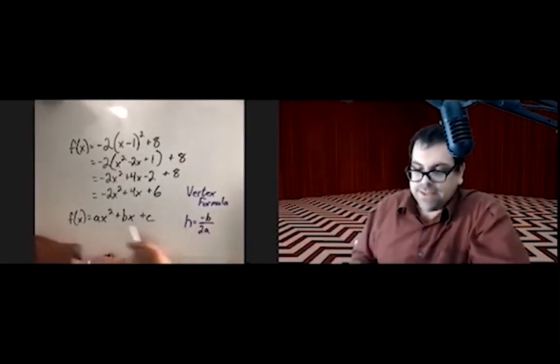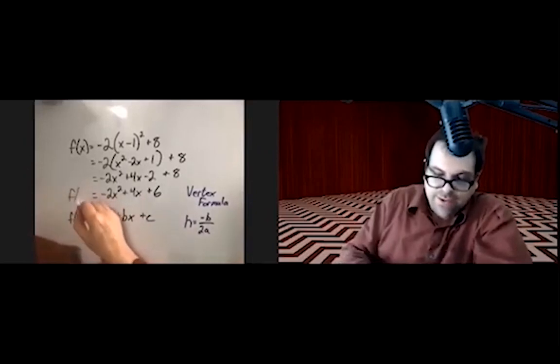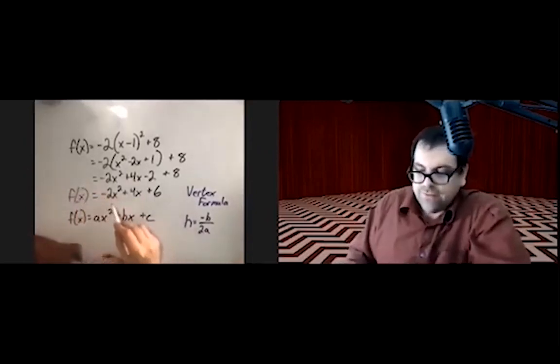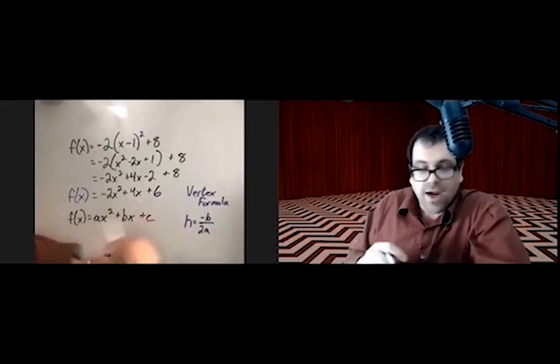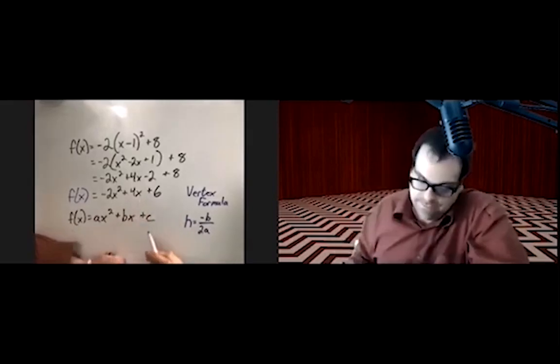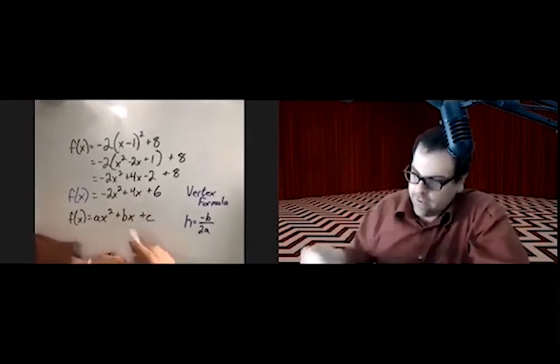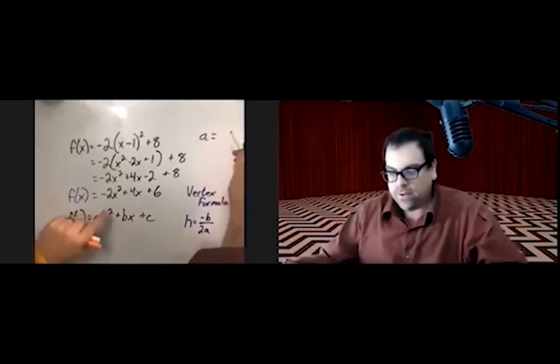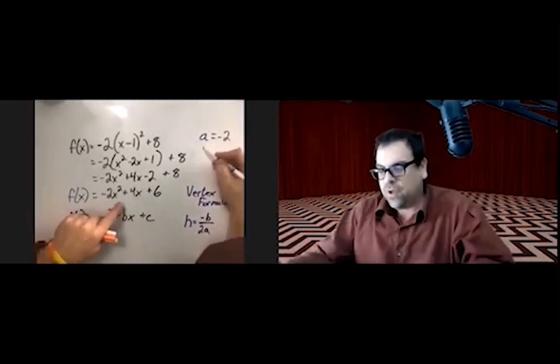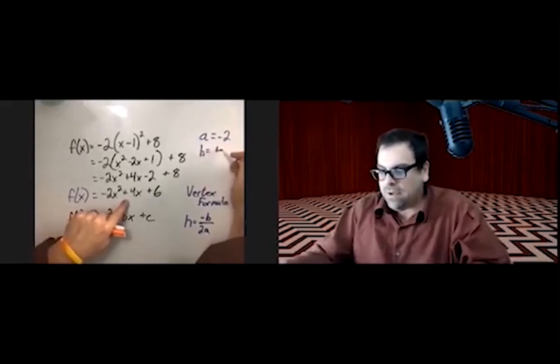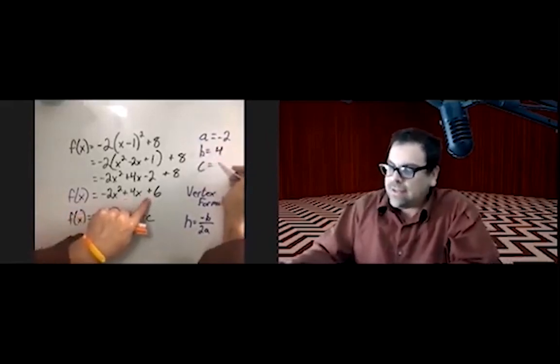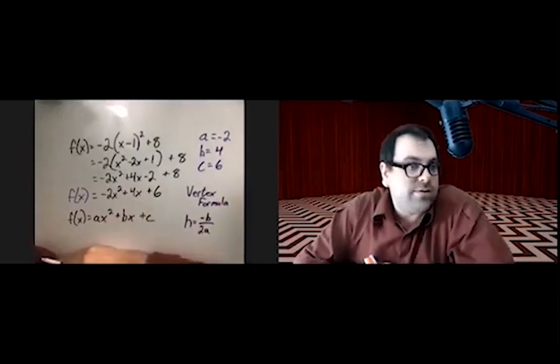So what are a, b, and c? If we have f of x equals negative 2x squared plus 4x plus 6, well, a would be negative 2. b would be positive 4. c would be positive 6.